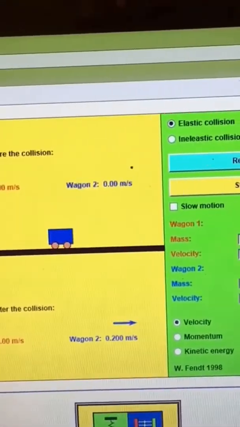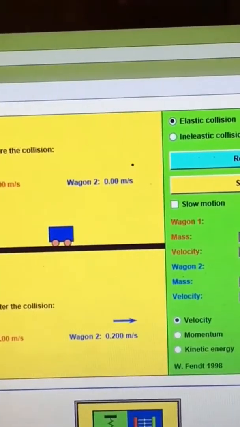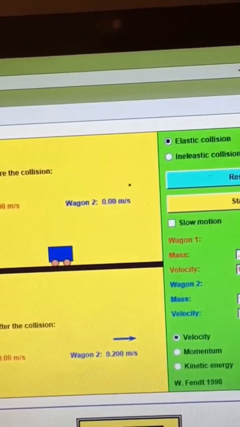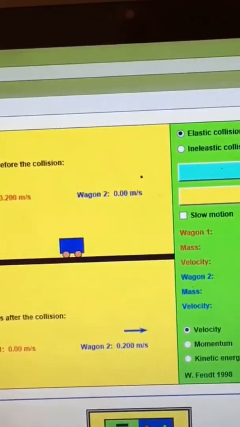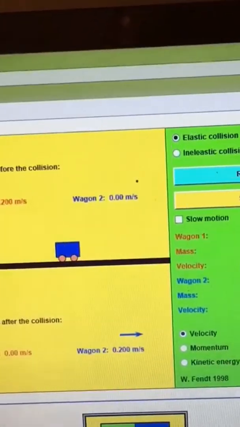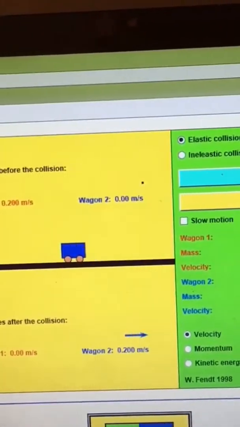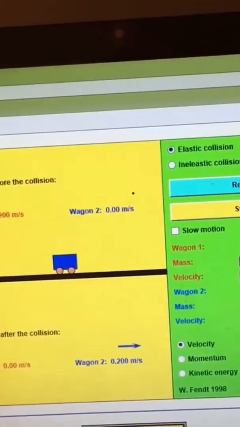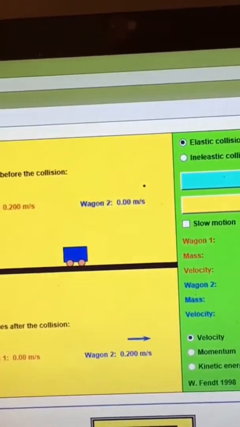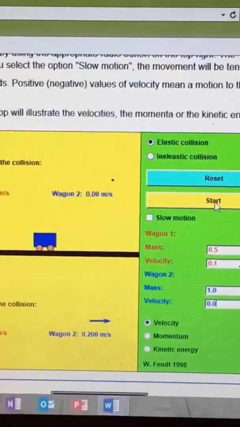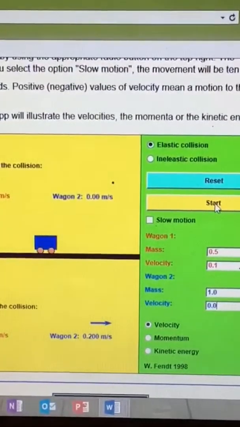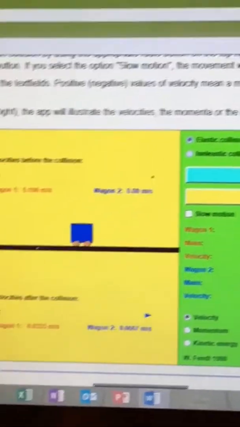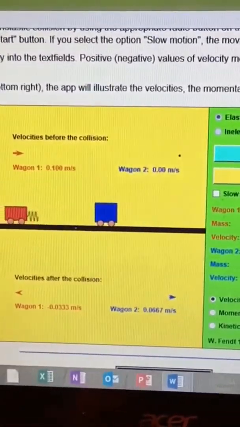With the blue cart, we will set the mass to 1.0 kilograms and we will set its initial velocity to 0 meters per second. Once we plug in our information, we will hit start and watch the two carts collide.